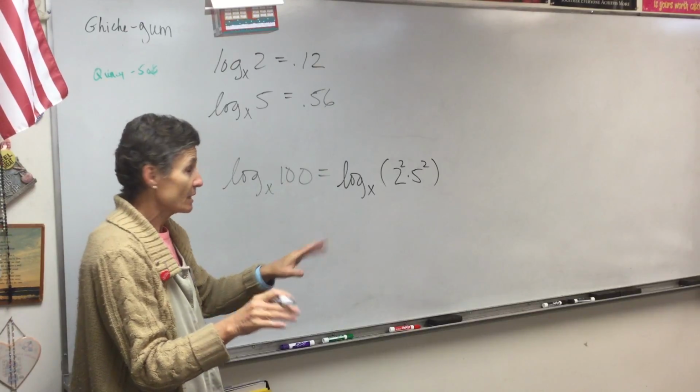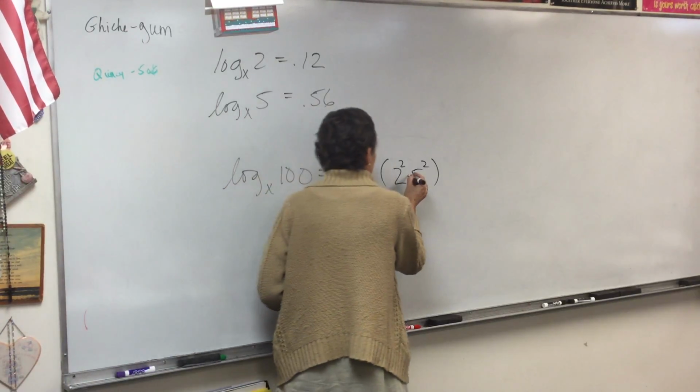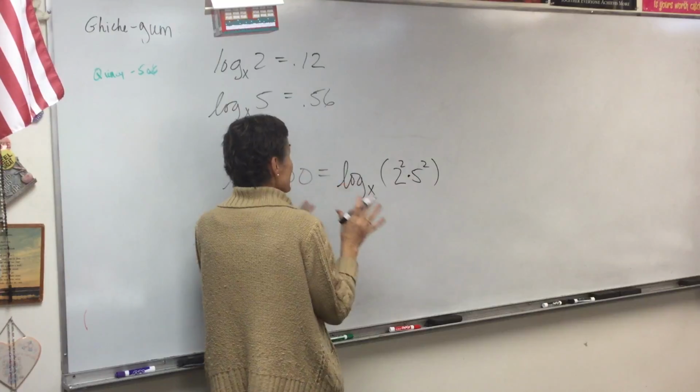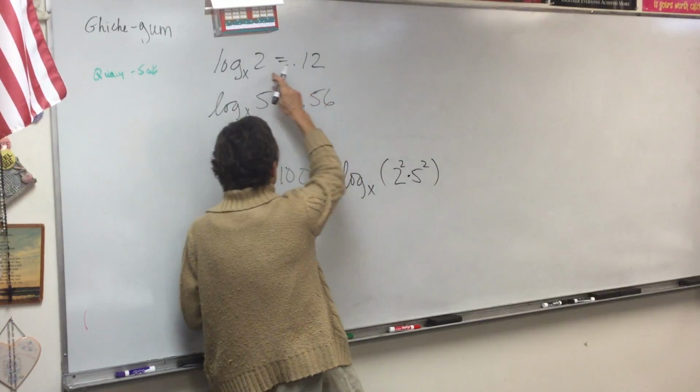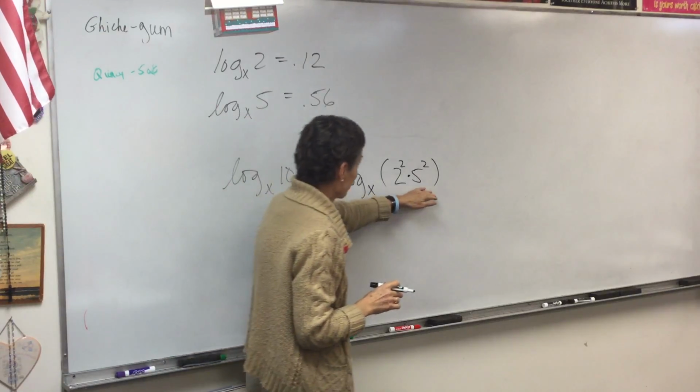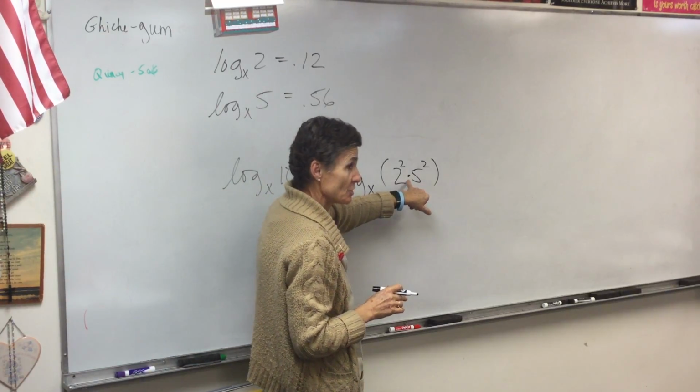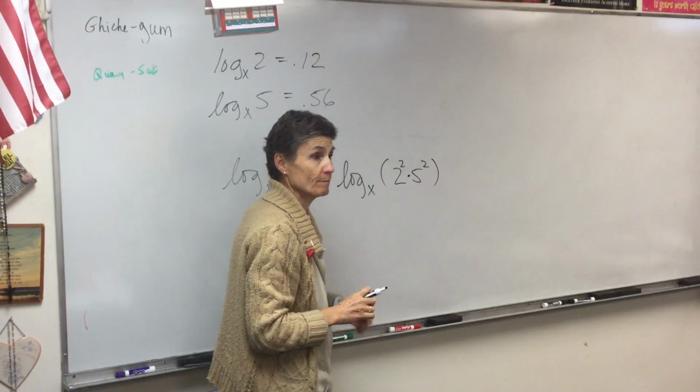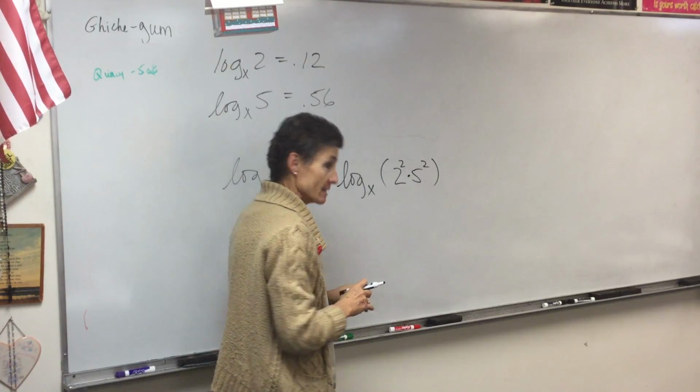Everybody okay with that? Now, I need to break this apart so I have individually the log of 2 and the log of 5, so I can plug those numbers in. If I need to break this apart, it's a multiplication. How will it be broken apart? As an addition.